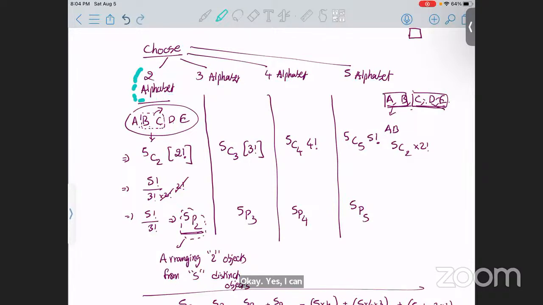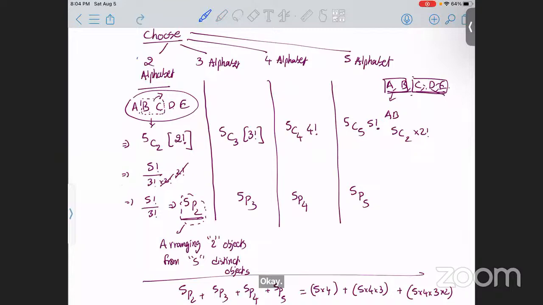Sir, can you repeat what you have taught last? Look, listen carefully. Here there are separate cases for 2 alphabets, 3 alphabets, 4 alphabets, and 5 alphabets.